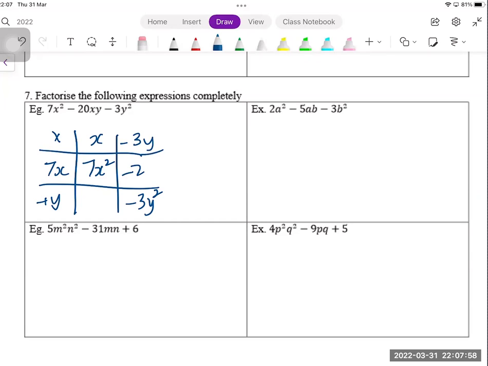So this will give me negative 21xy, and then here will give me my plus xy, which, like terms, I'll be able to combine to get negative 20xy. So all I need to write is x minus 3y, 7x plus y.